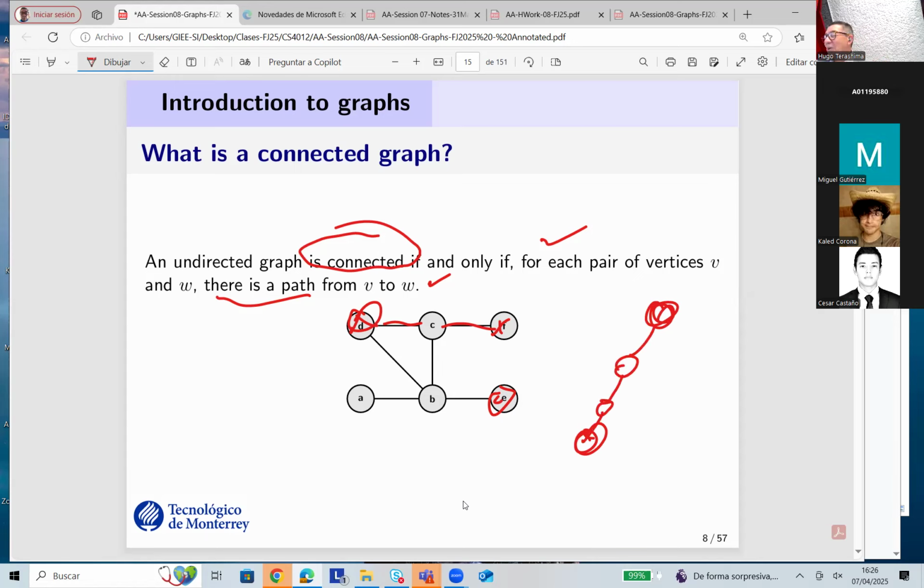It's like going from the root in a tree to a leaf. So you have a path there. How can I search for that? We will look at the algorithms a little bit later, but yes, it is correct. So you have an algorithm for finding the path.